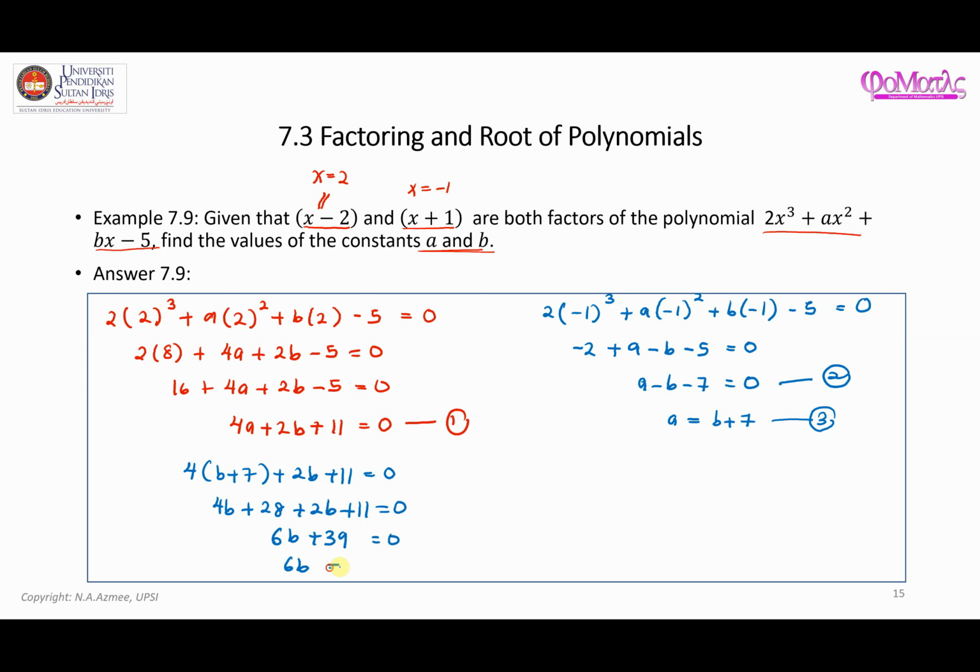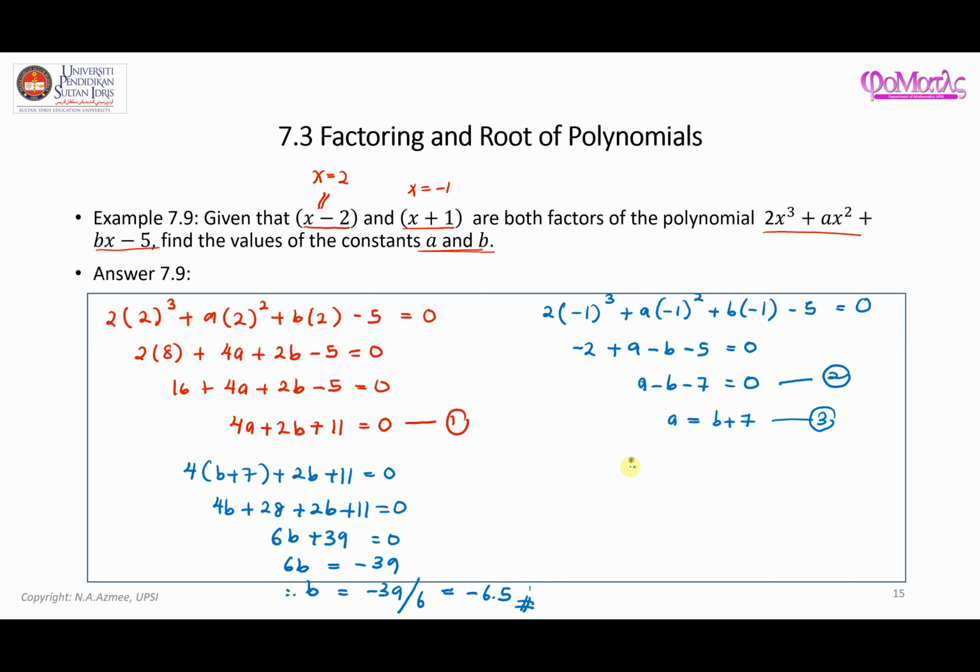So 6b is negative 39, therefore b is negative 39 over 6, which is actually negative 6.5. Okay, so next, once you have managed to get what b is, we can substitute this into equation 3 here, so we can obtain the value of a.